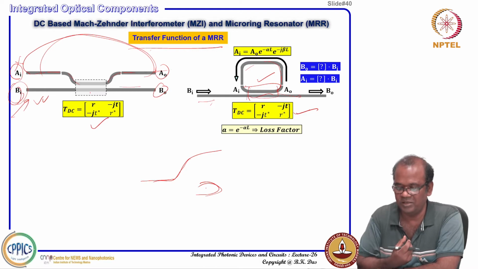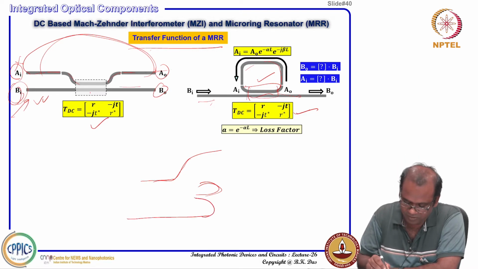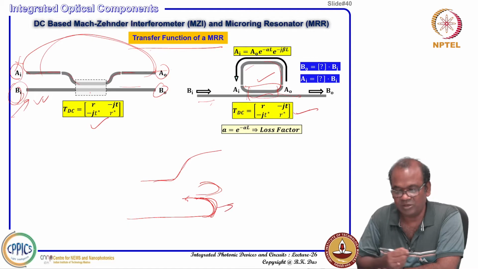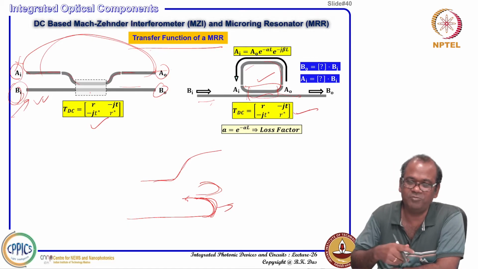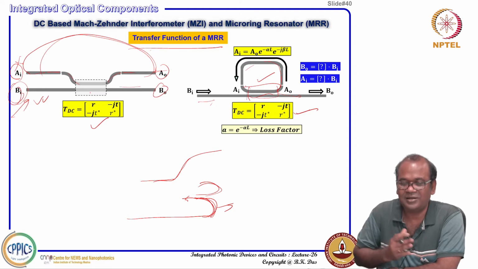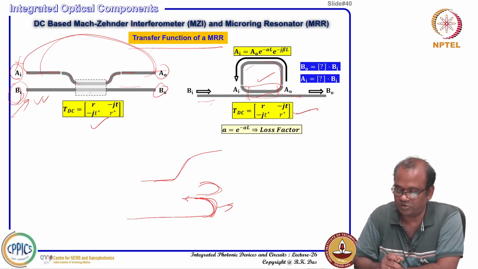So some losses will be there. If you launch the fundamental mode here and then bend sharply, something will be lost. Apart from defect-related loss, bend-induced loss will be there, and it cannot be ignored whenever you make a very tight bend, such as in a ring resonator.